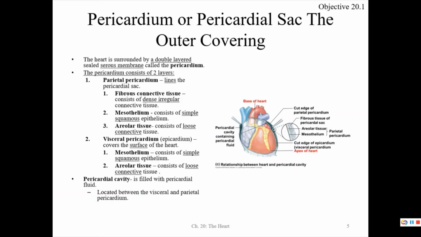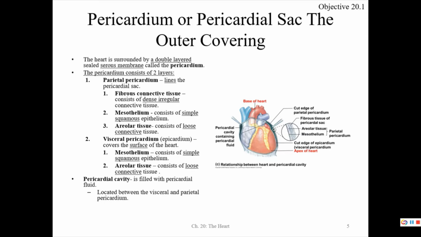Now, so we have our parietal layer, we have our visceral layer, and our cavity, which is a fluid-filled sac. Now, pericardium, with its two layers, parietal and visceral, go ahead and make a very conscious note in your mind, because this is important when it comes to understanding some pathophysiology of things that come along with pericardium, is that notice that there are three layers listed for the parietal pericardium where there's only two for the visceral.